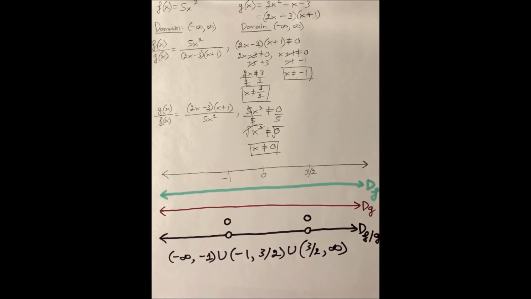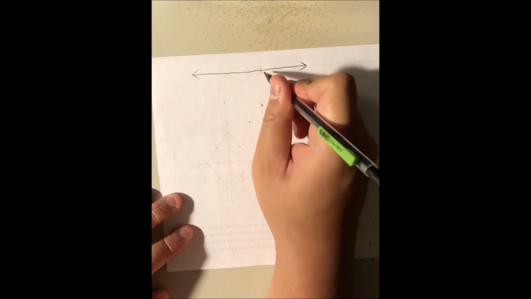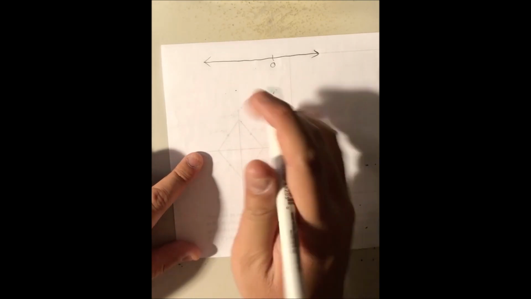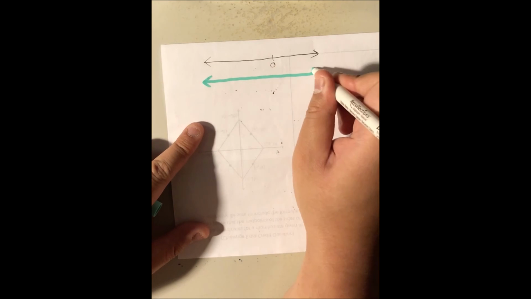So again, the domain of f over g is all real numbers except x cannot be equal to 3/2 and x cannot be equal to negative 1. Now what about g over f? In g over f, we have that x cannot be equal to 0. So I'm just going to put 0 right here. Same as before, the domains of the functions f and g are the same, which is all real numbers.